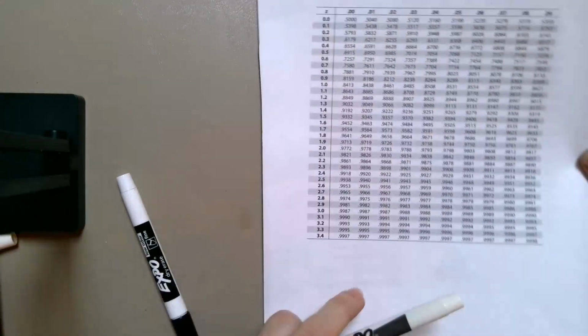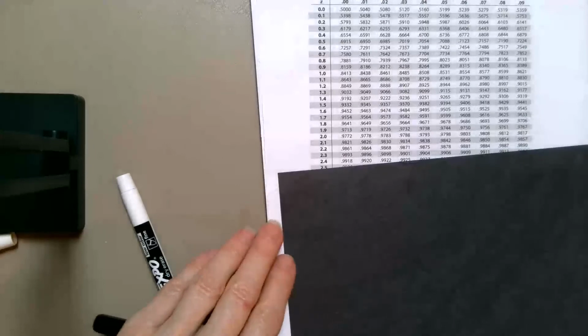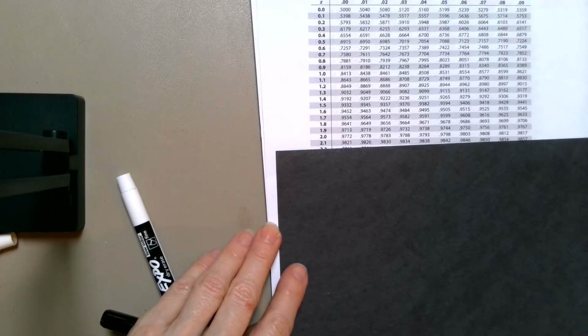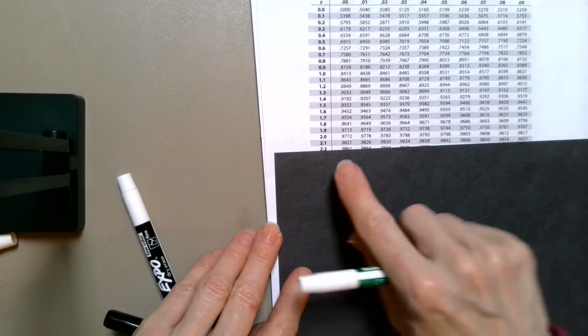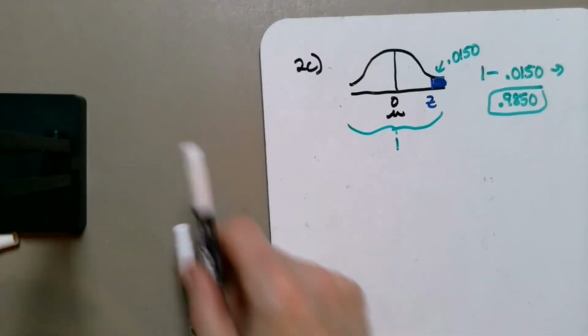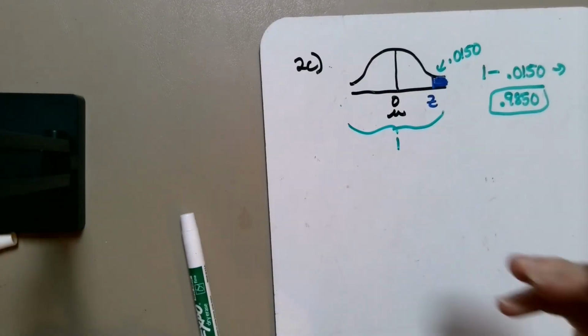And again, they get progressively larger as you're looking through the table here. So there should be an exact match here, 0.9850 here, in row 2.1 and then 7 hundredths. So my z-score that matches that is 2.17.